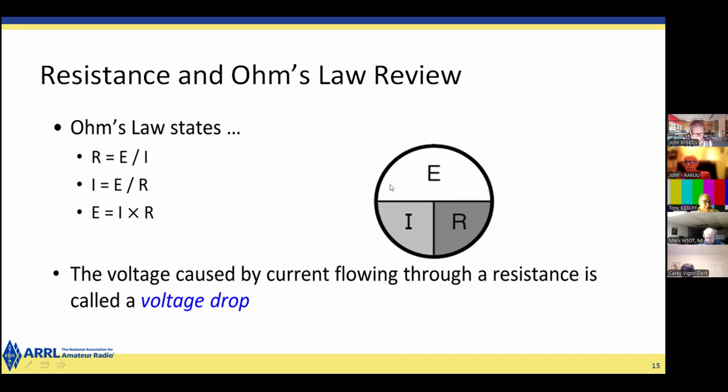If you want E, you multiply I times R. If you want I, you divide E by R. If you want R, you divide E by I. That's how you're supposed to read this circle thing, and it's just a tool to help you remember that.